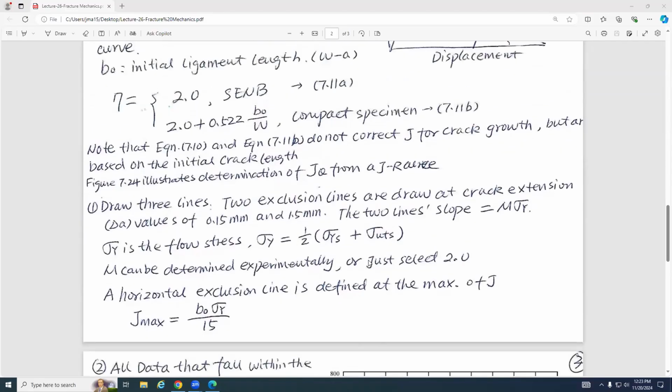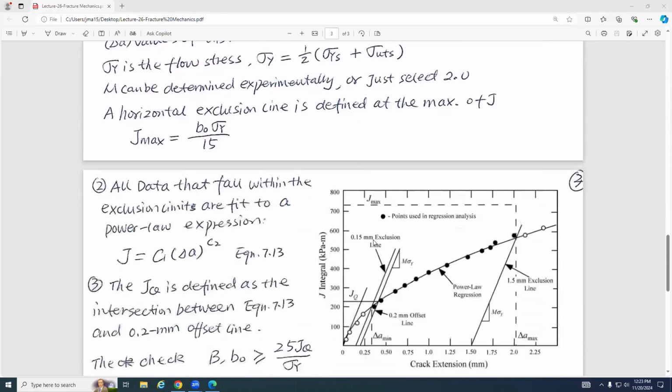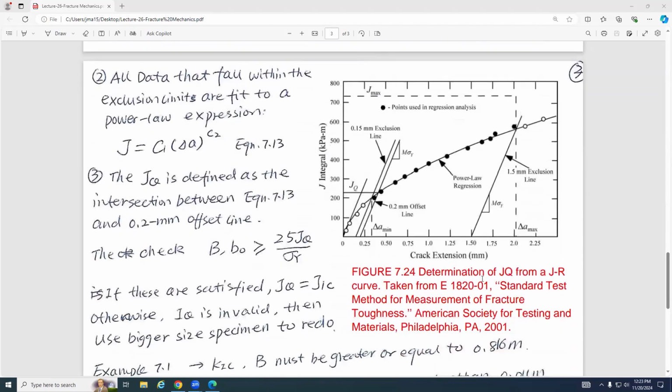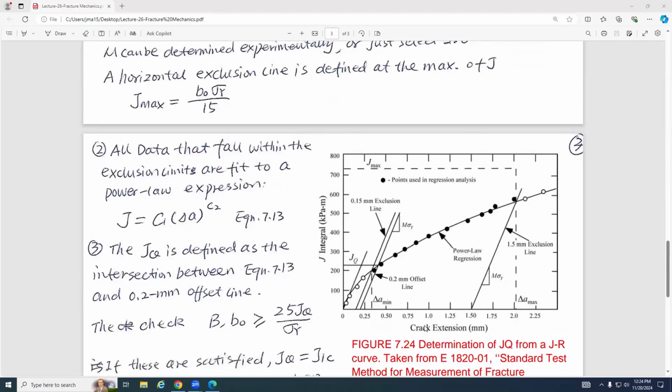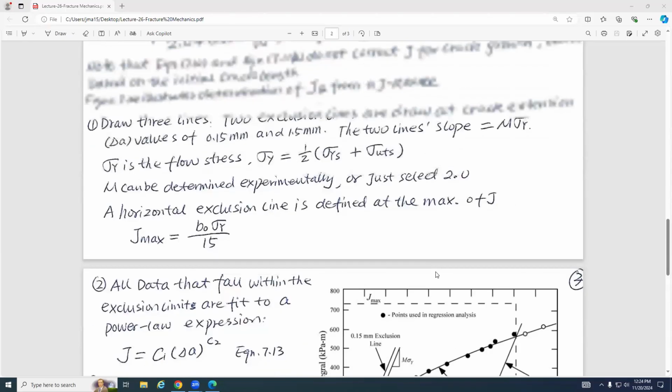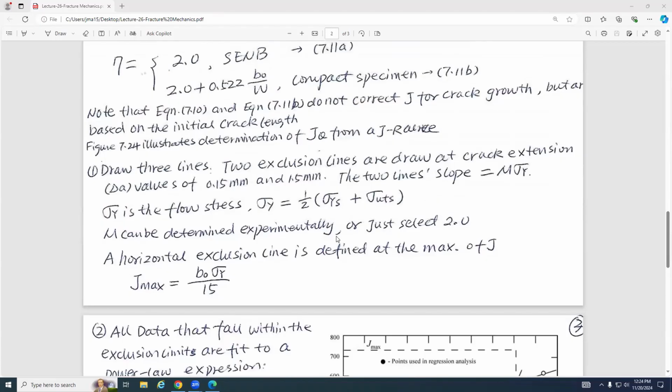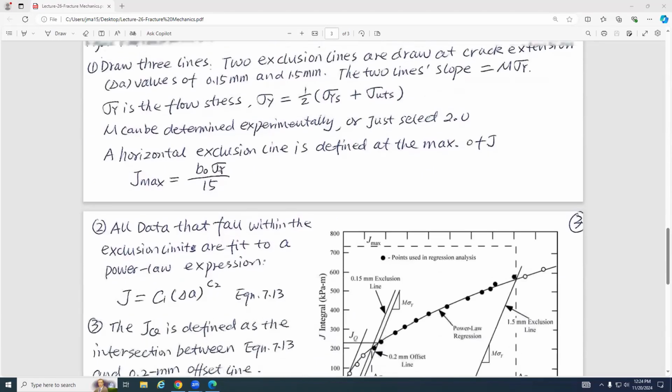Okay. So this figure shows a crack extension. Here is the J integral, and there are several ways. First, because we are calculating the crack length, you can draw three lines.